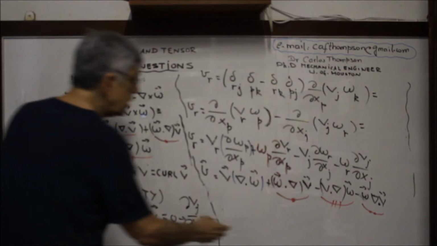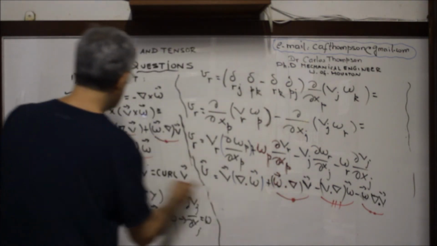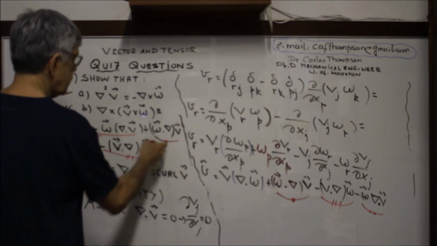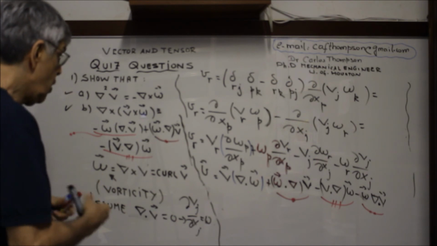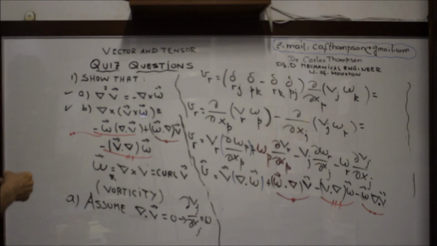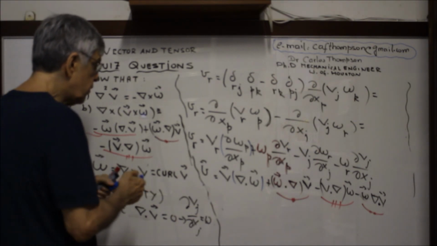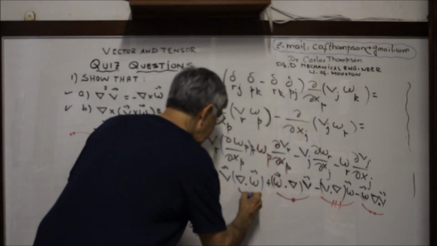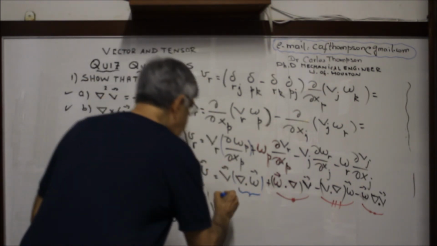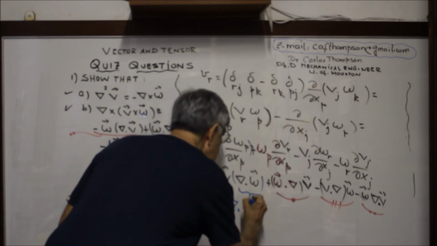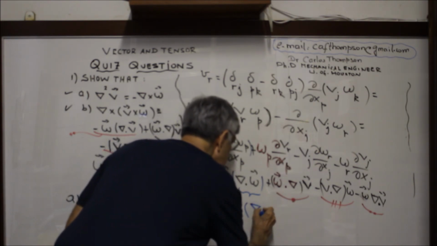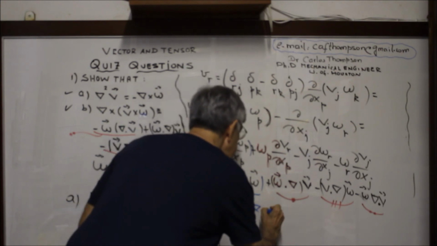This is minus here, minus here. This is plus, and this is plus. See? Now, we have done this term over here. Only this here. You see, this is the divergence of a rotational of V.